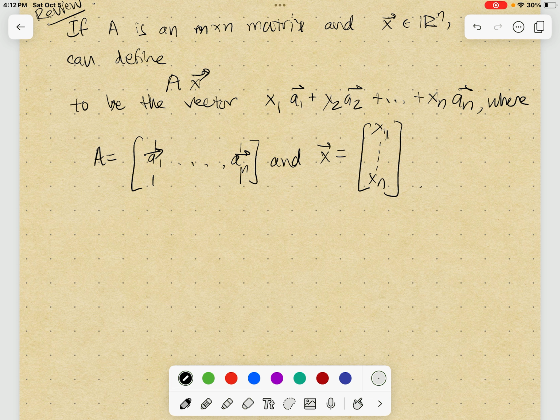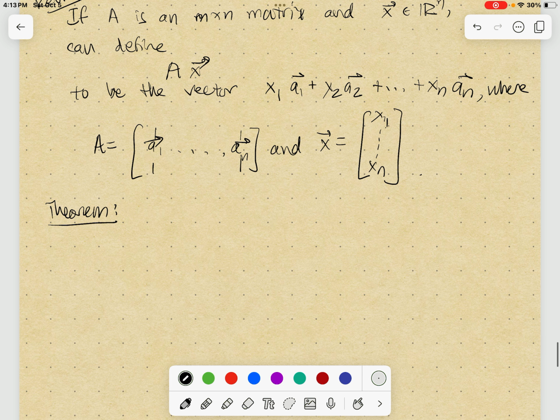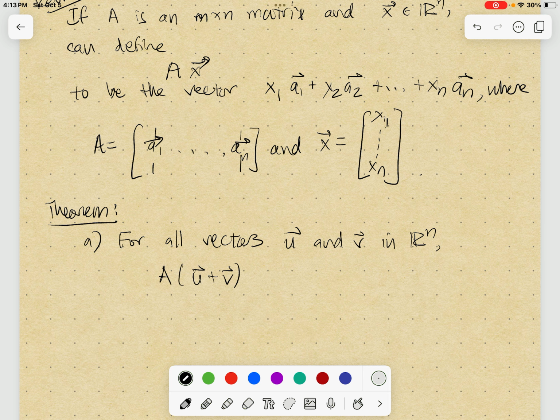And this definition has a key property. So the theorem is, there's two parts. The first statement says that for all vectors u and v in Rn, A times (u plus v) equals A times u plus A times v.